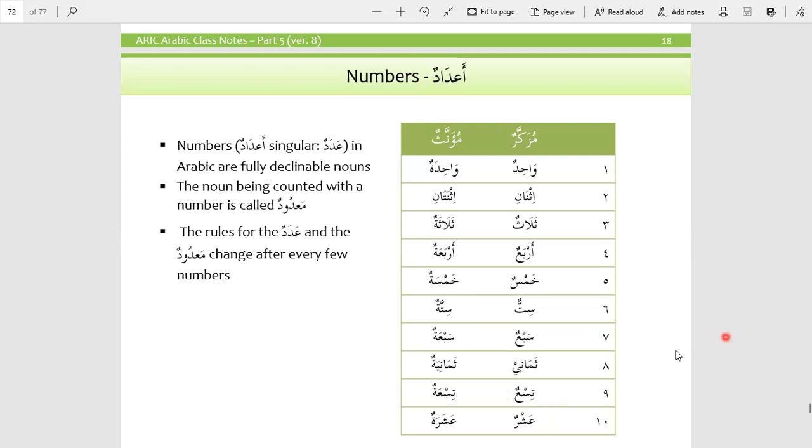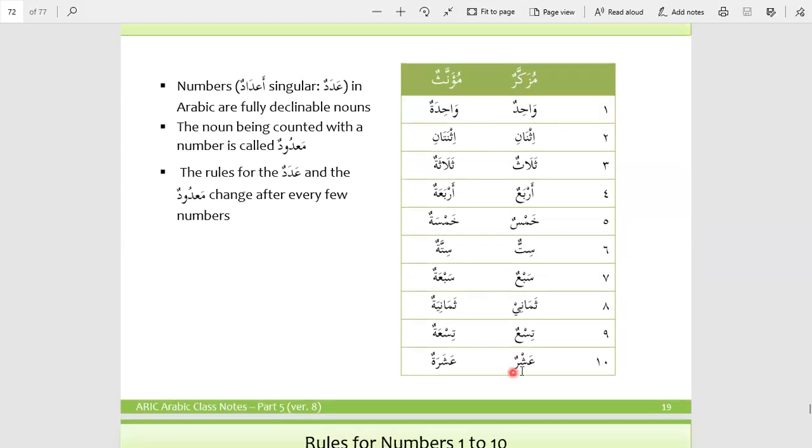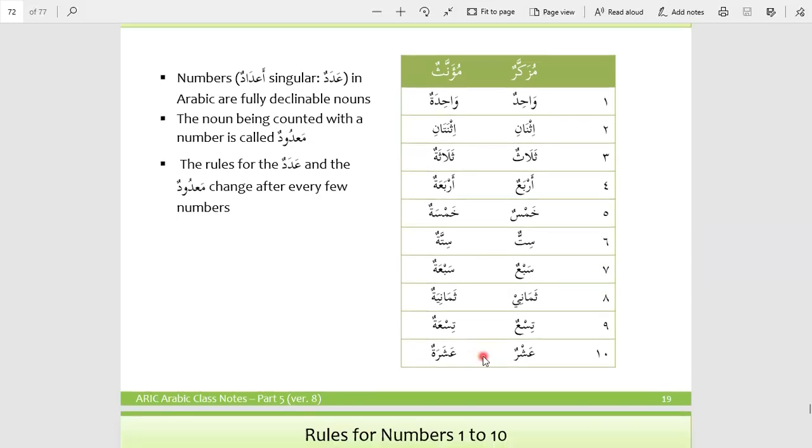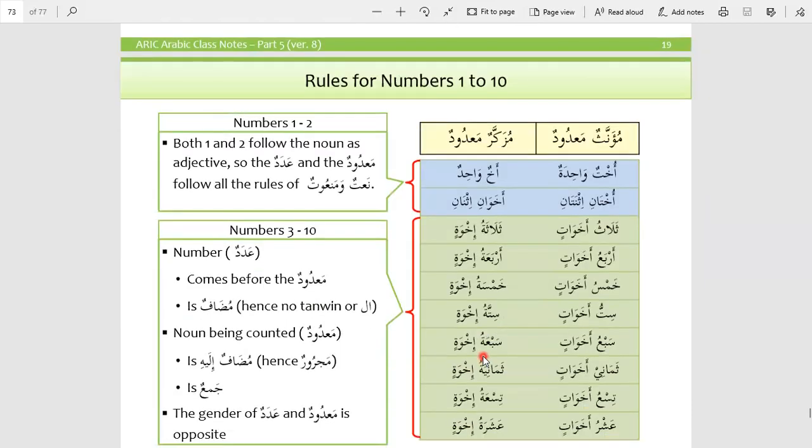And 10, ashurun, asharatun. You go through the numbers, you'd know them from your head. Let's look at the rules for the numbers 1 to 10.